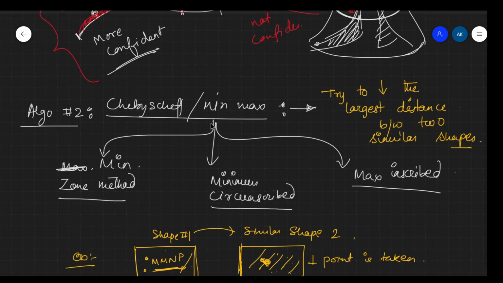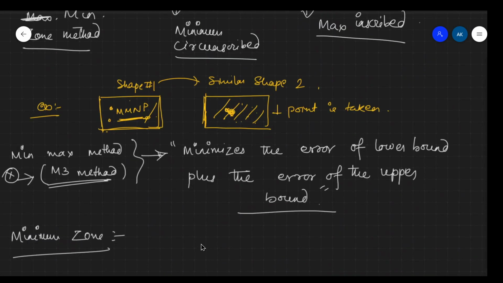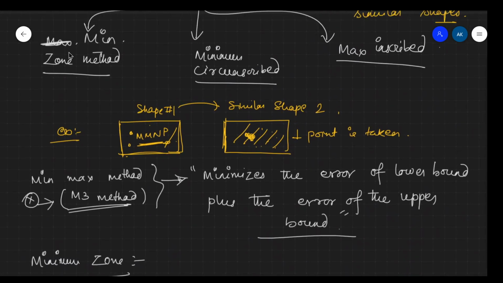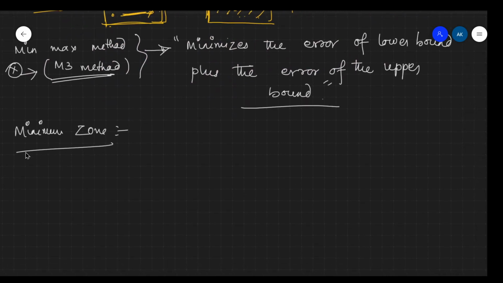I made a mistake, anyway, now I corrected it. So this is your minimum zone method. What does it do? Its outcome is to minimize the tolerance zone.